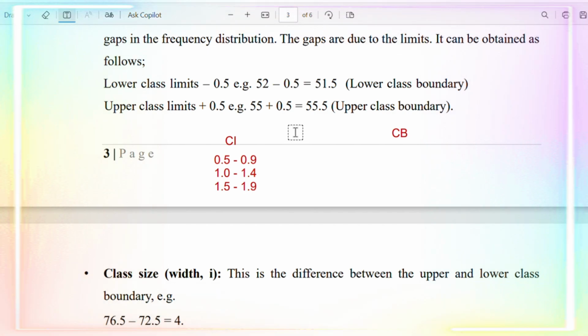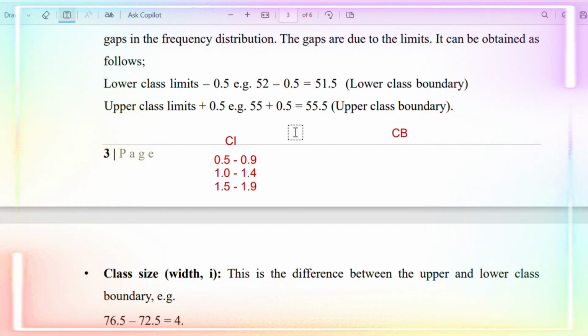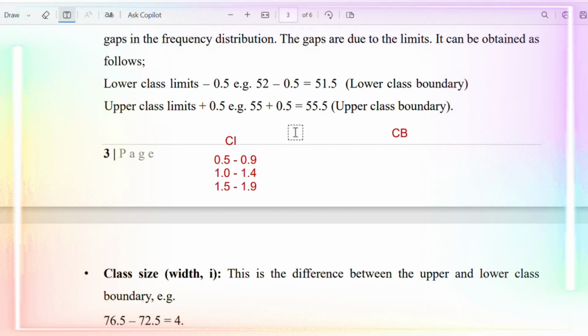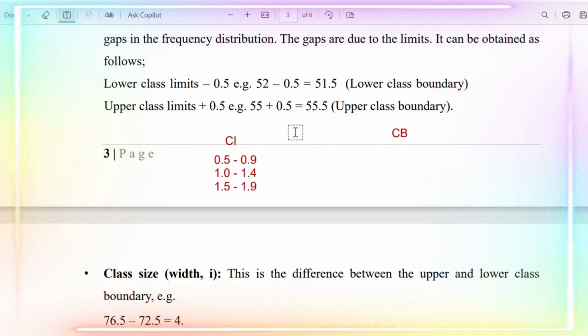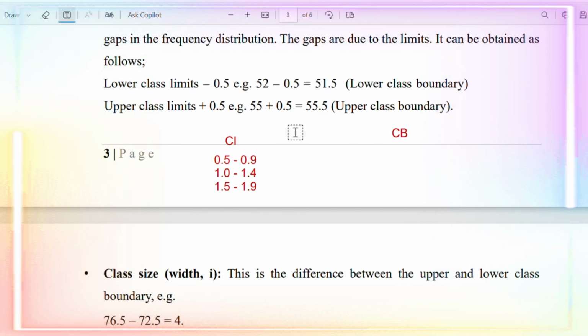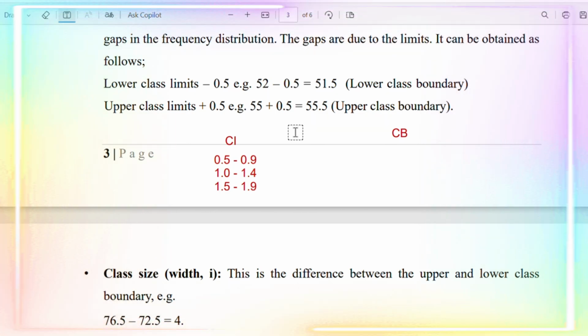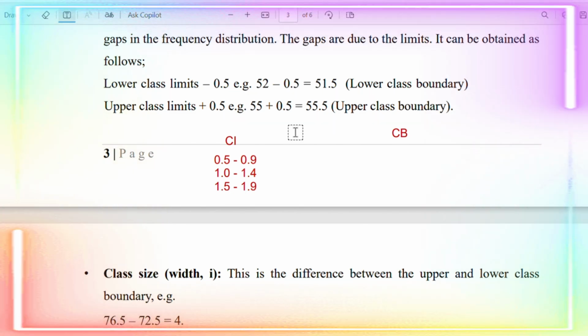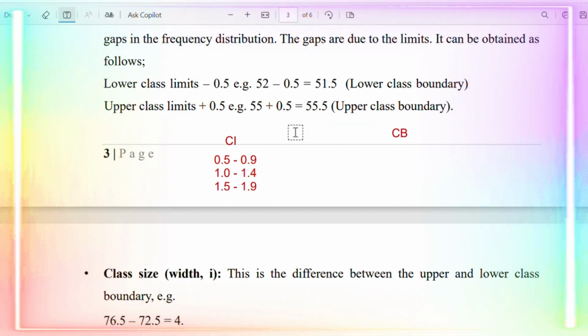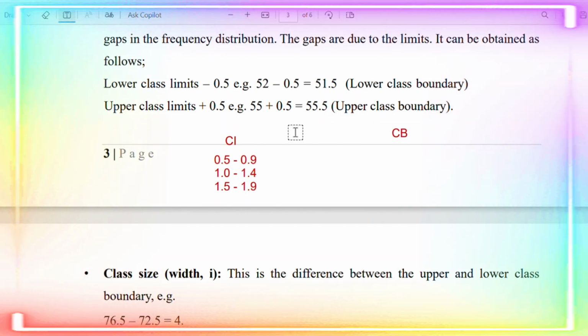So after 0.5, the numbers that follow will be 0.6, 0.7, 0.8, 0.9. Then after 0.9, you have 1.0, 1.1, 1.2, 1.3, 1.4, which is a count of 0.1.